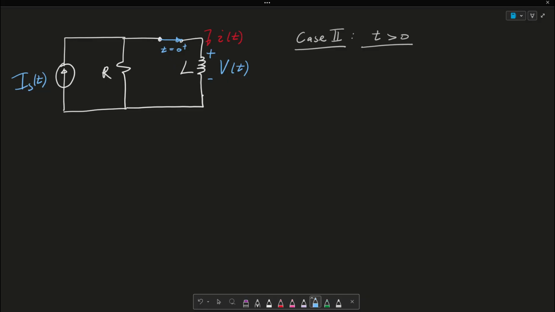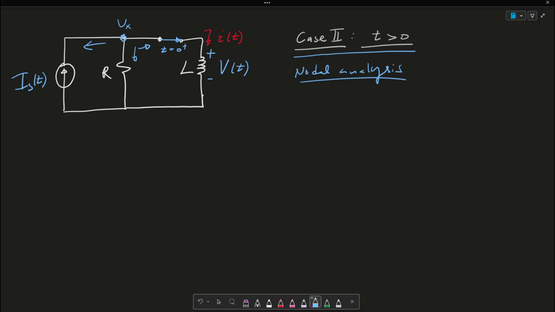All right, the next thing we want to focus on is case number 2, when t is greater than 0. I'm going to write a nodal analysis at this node here, which I'll call Vx, and say that the currents leaving this node have to equate to 0. I've done a video on nodal analysis, so please feel free to check that out.